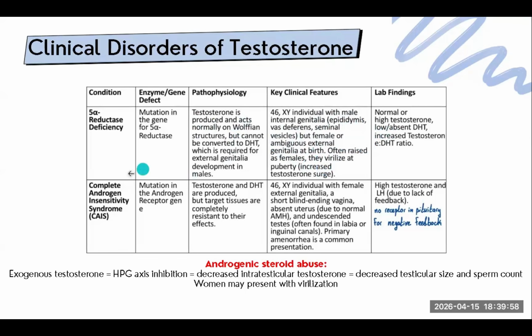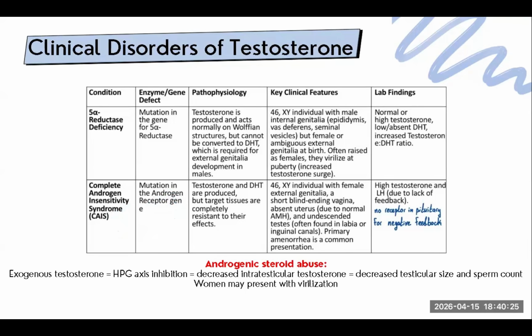The second condition is CAIS, complete androgen insensitivity syndrome. It's quite severe, and it's because there is a mutation in the androgen receptor gene. So bear with me. You have a mutation in the androgen receptor gene, and therefore you would not have an androgen receptor, or you would have a faulty one.